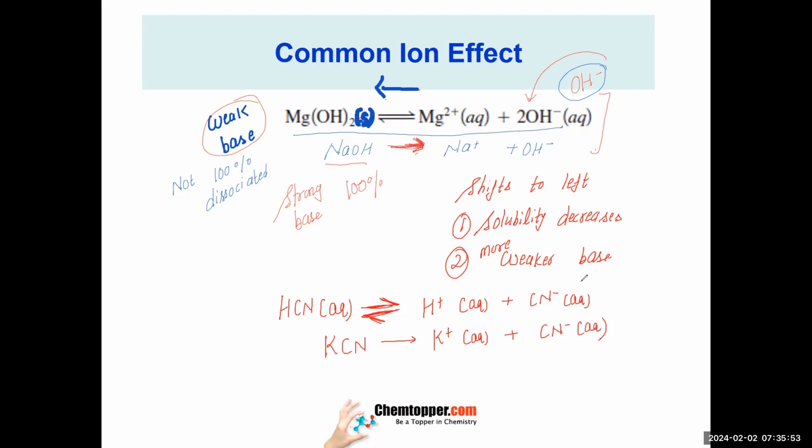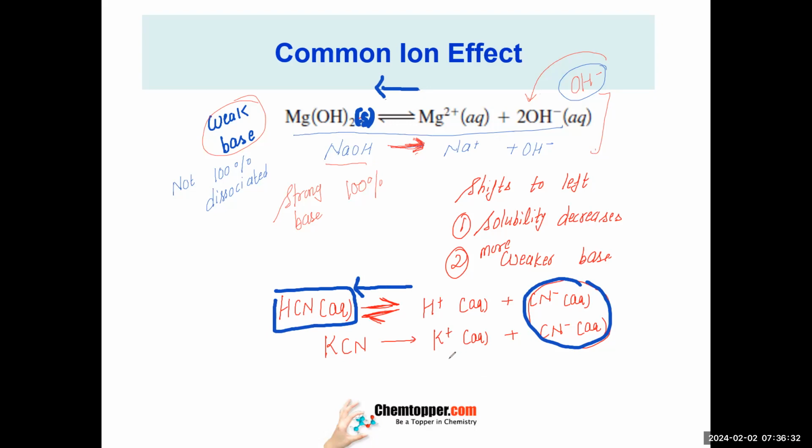Now, what's the effect of this common ion on the above equilibrium? The above equilibrium will shift to the left, and this acid will become more stronger or weaker? It is going in the direction of undissociated acid. You are getting more undissociated acid.